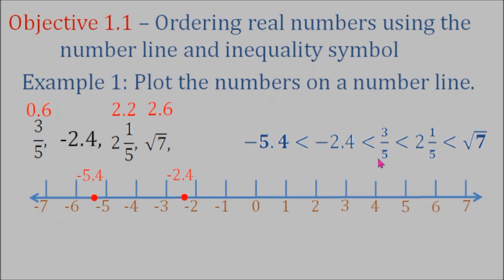Then 3/5 or 0.6 is somewhere here. Then 2 1/5 or 2.2 is somewhere here. Then square root of 7 or 2.6 is somewhere here.